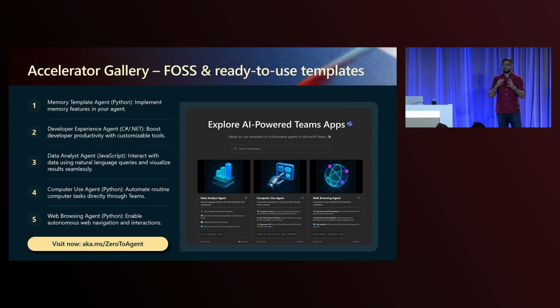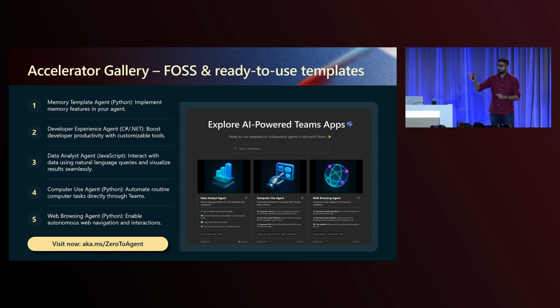Now, if you're wondering where to start and how to get from idea to production, I've got some great news. Today, we're launching the Accelerator Templates Gallery. These are a bunch of open source projects that are tailored for your journey to building agents and teams.